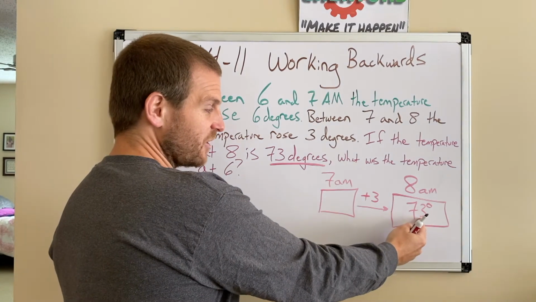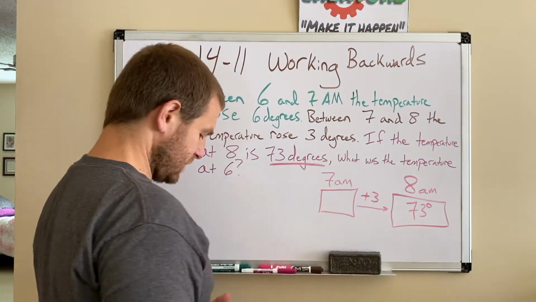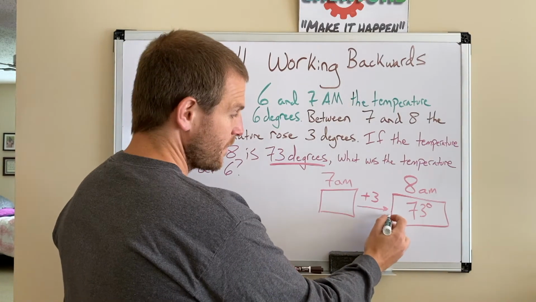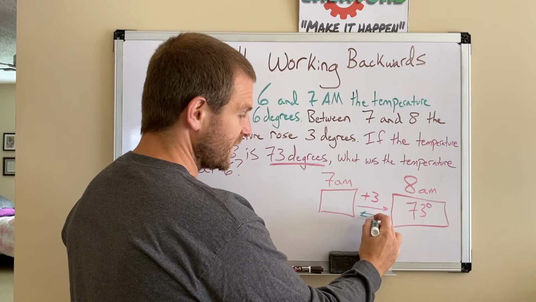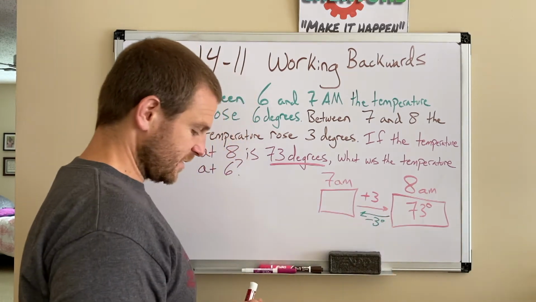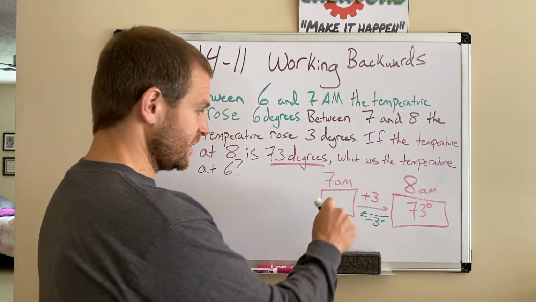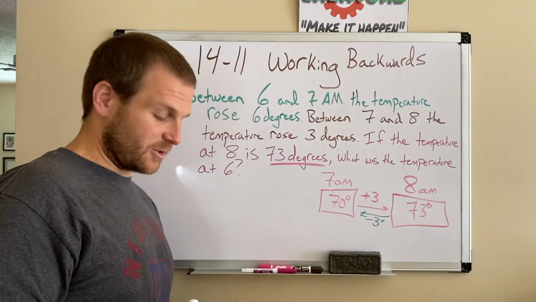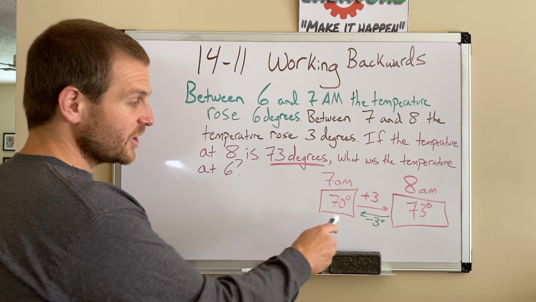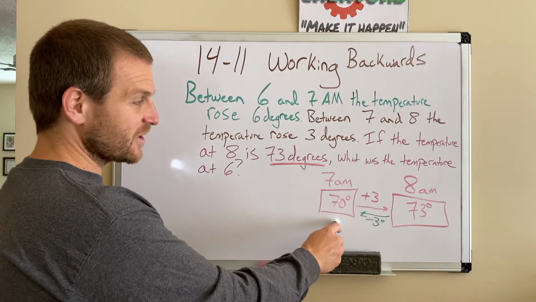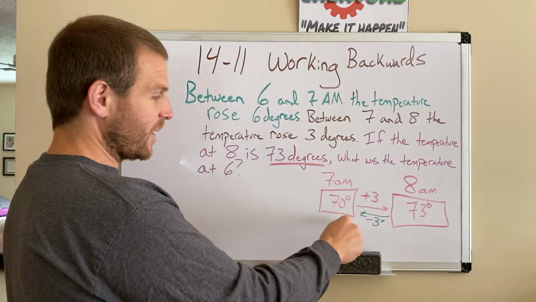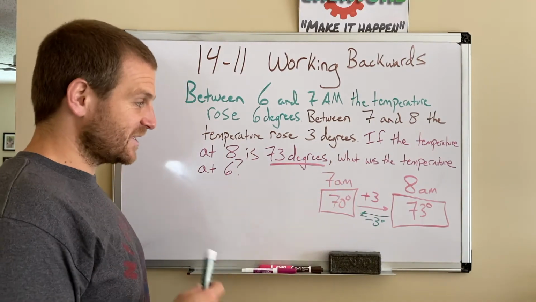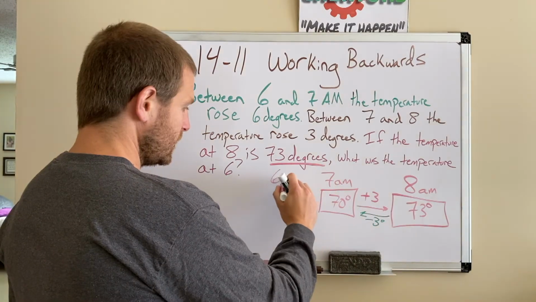So I'm going to go 73, let me use a different color for this because I'm working backwards, minus 3 degrees is going to give me 70 degrees. So at 7 a.m. it was 70 degrees, and that works well with my problem that at 8 a.m. it was 73 degrees. Let's continue working backwards.